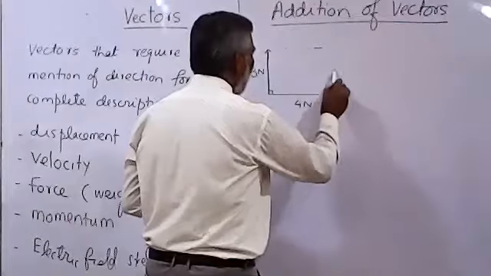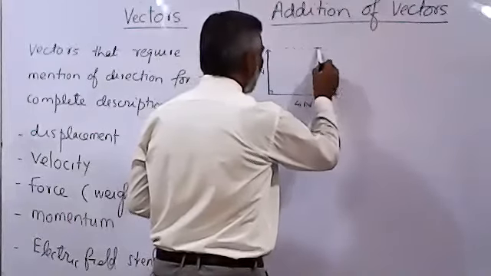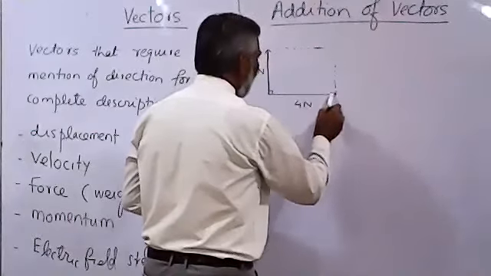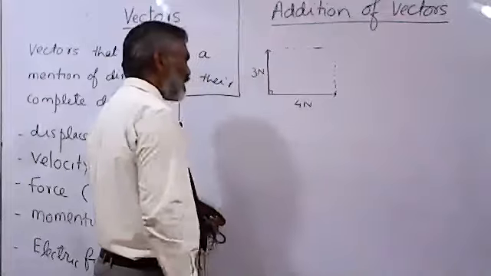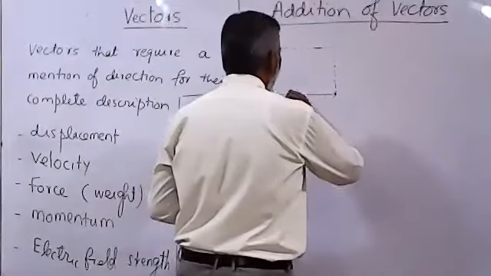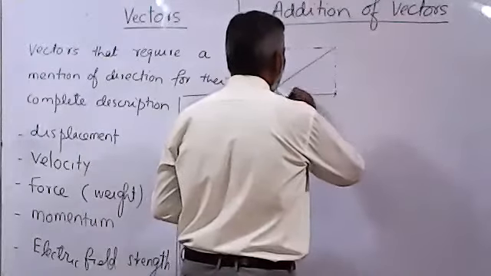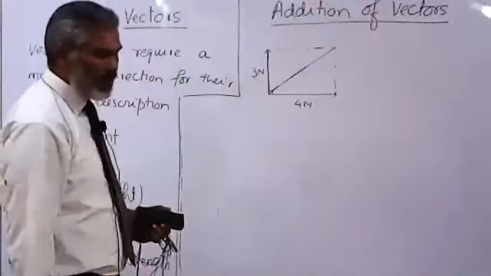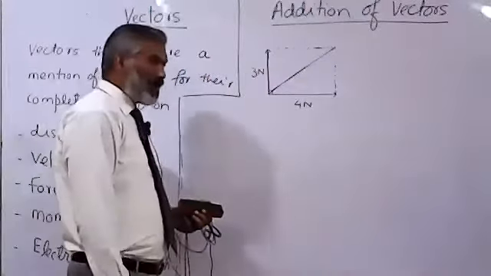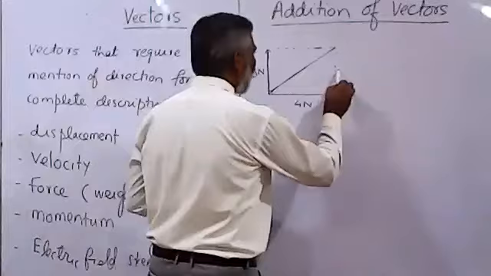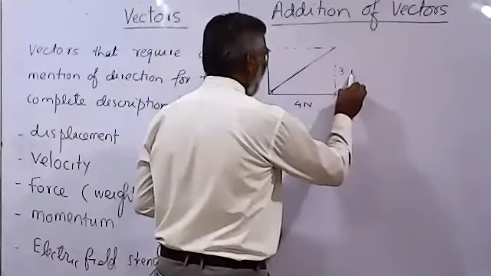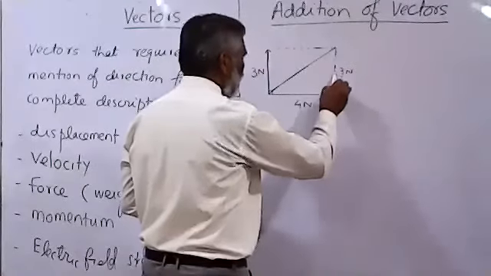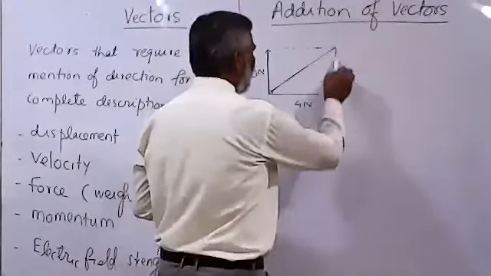In this situation, we can treat them as the two sides of a rectangle. So I assume that this is a rectangle and these are two sides of this rectangle, and the diagonal is the resultant of these two. So we have a situation where a right angle triangle is created. 3 Newton, of course, can be considered here with its size the same, and this is its direction.